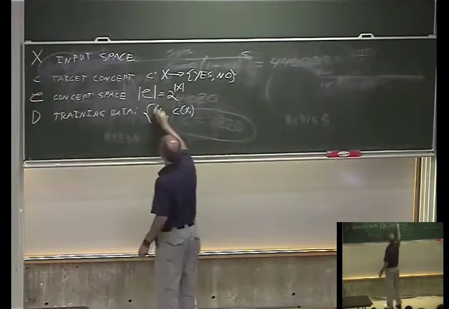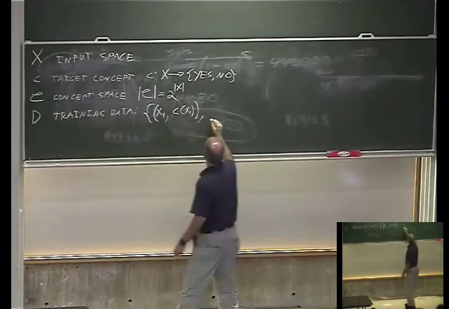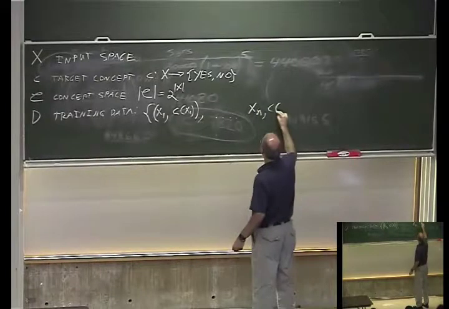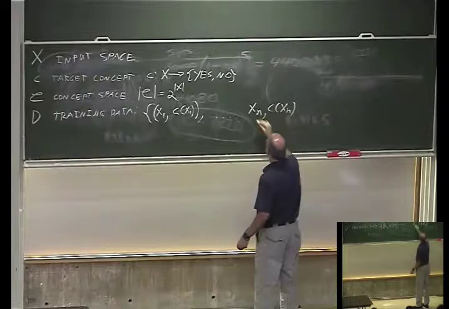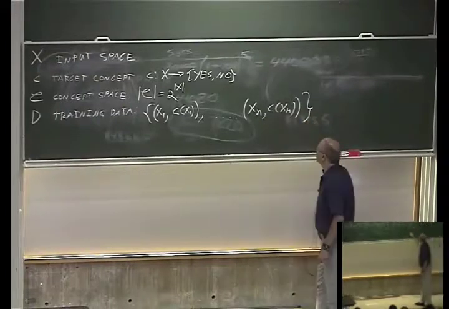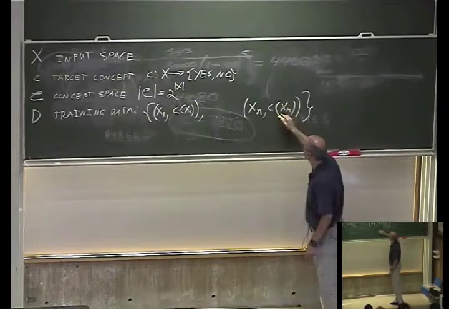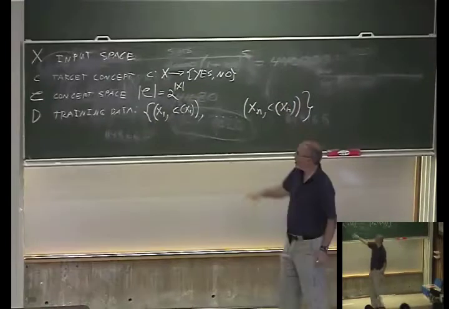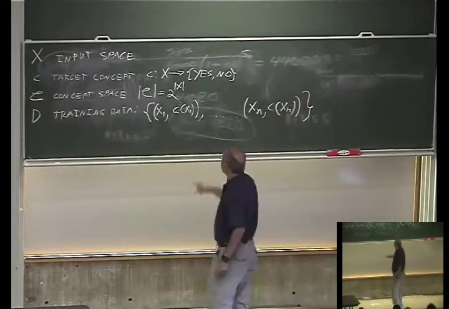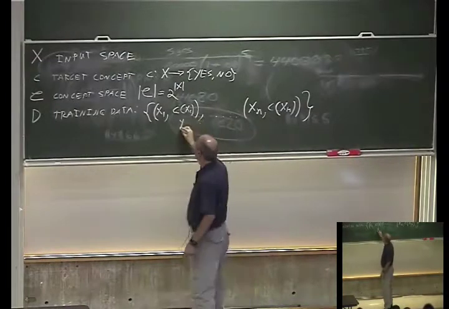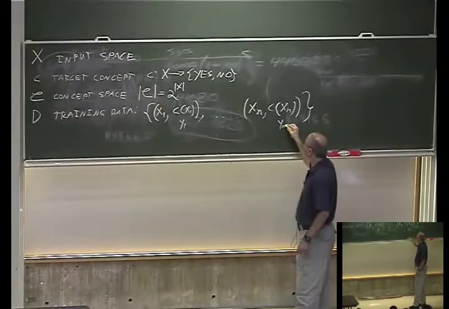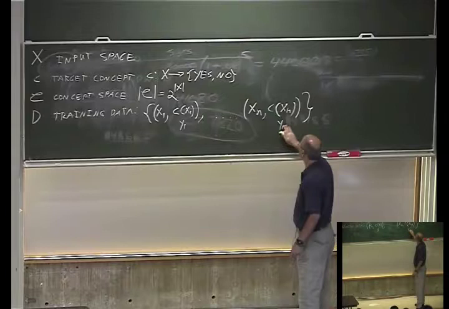This is one pair, and then there are many other such pairs, and in the end we have the nth pair, xn and C of xn. x1, C of x1, x2, C of x2, and so forth. Sometimes we might call C of x1 y1, and C of xn would be called yn, small n.